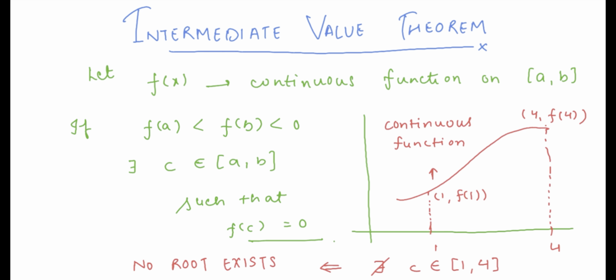And because the function is continuous, it can't jump from a positive value to a negative value without passing through 0. That is the central idea behind this IVT.